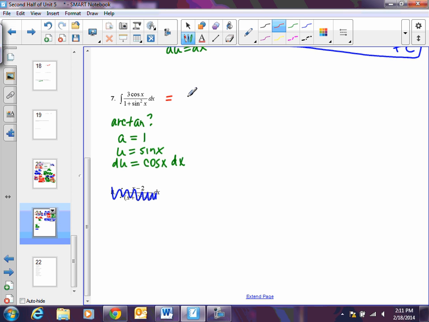So when I rewrite this, on the denominator I have my a squared plus u squared, which is what I was hoping. And I have a 3 here, I'll move that to the front. But this right here, cosine x dx, that was all part of my du. So then we're going to go 1 over a arctan u over a plus c.